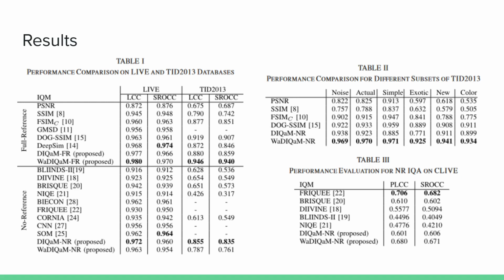You can also see that there are things that this model does not do well when tested on the LIVE in the Wild Image Quality Challenge database. The two proposed no reference models perform worse than most of the other models. So there is still room for improvement with these models.